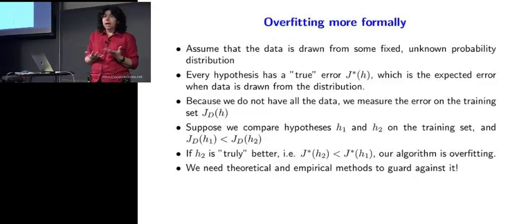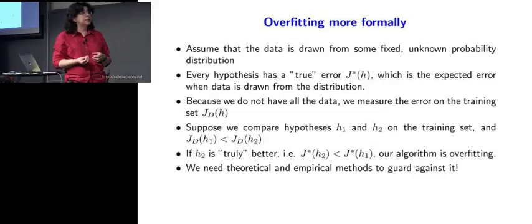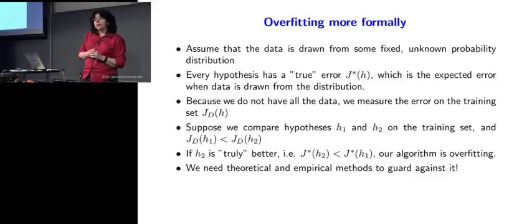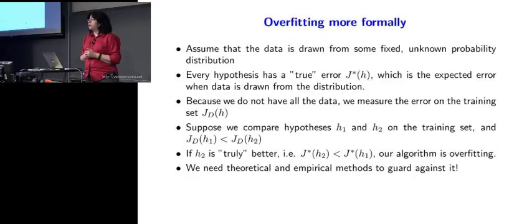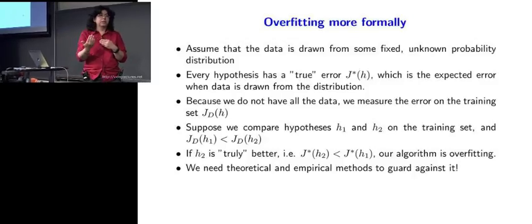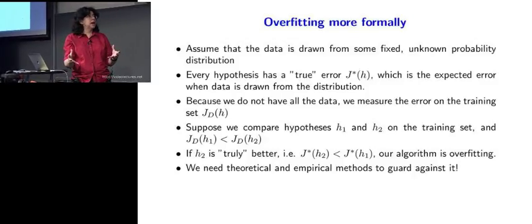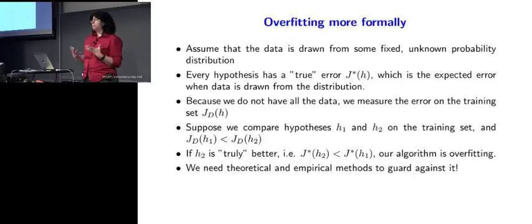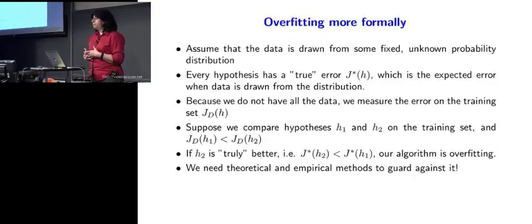But because we don't have all the data, we only have a limited sample of the data, essentially what we do is a Monte Carlo estimate of this error based on the sample that we have. Now if we compare two hypotheses on a training set of limited size, one of them might appear to be better, by luck of the draw of how we chose that data set, but maybe it actually has worse true error.